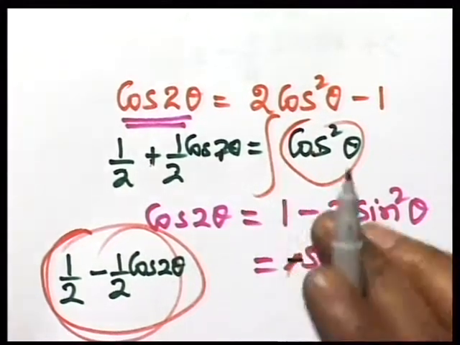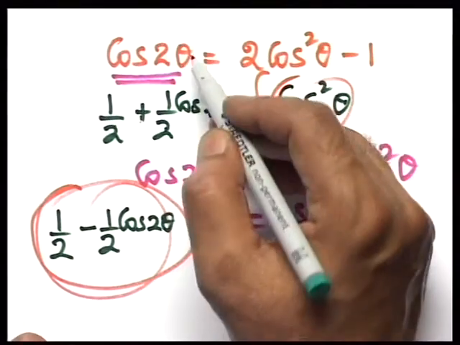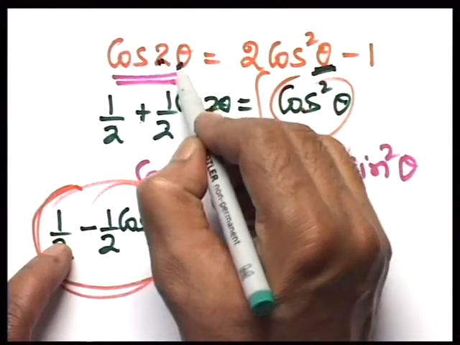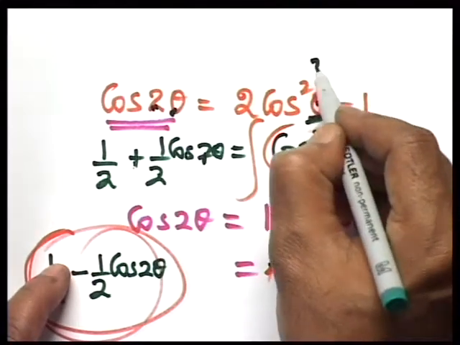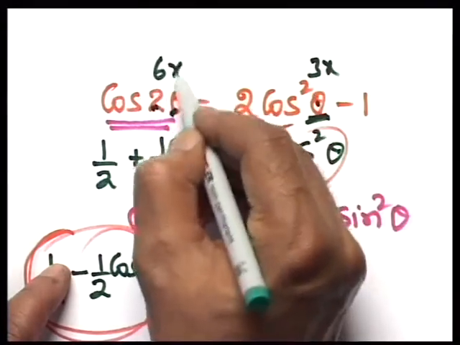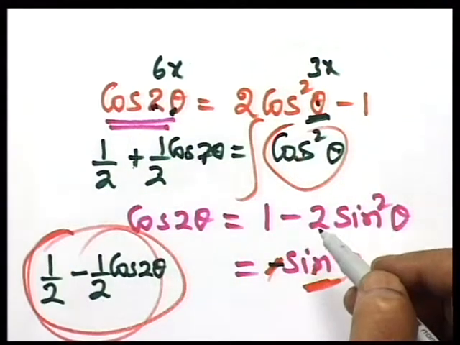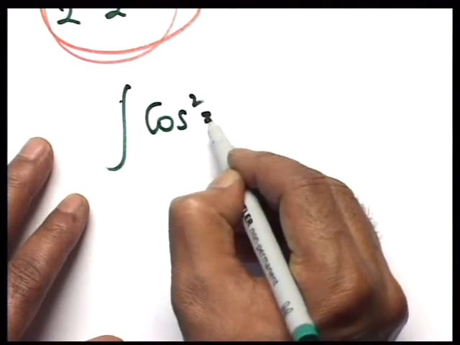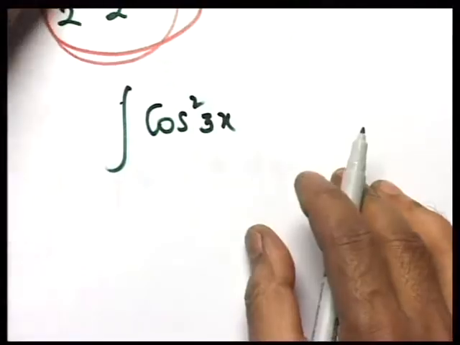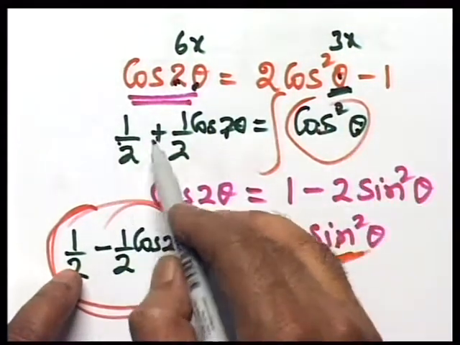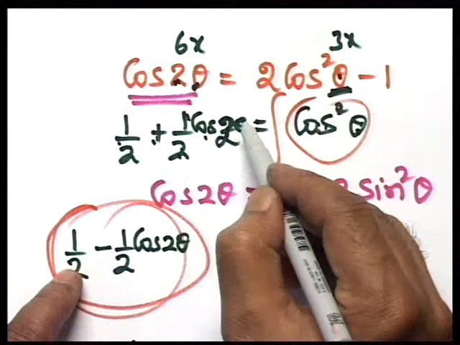The other one I want you to notice, I'd like to spend a little bit more time. If this is a theta, that's 2 theta, double angle. If this is going to be 3x, for example, that will be double to this, and that's a 6x. So if someone asks you to integrate cos square 3x, we go back here, we know the basic one, cos square theta is half plus half cos 2 theta.